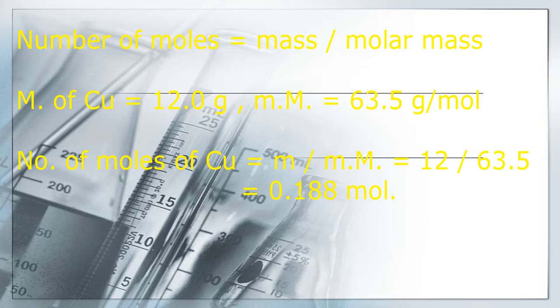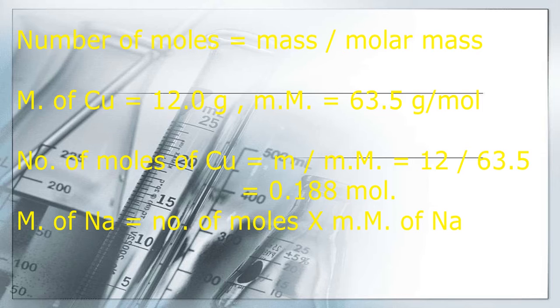Okay, and after that, if we want to compare copper with sodium, we don't have the mass of sodium, so to get the mass of sodium we use the same number of moles as copper. So we take the number of moles that we have reached times the molar mass of sodium.